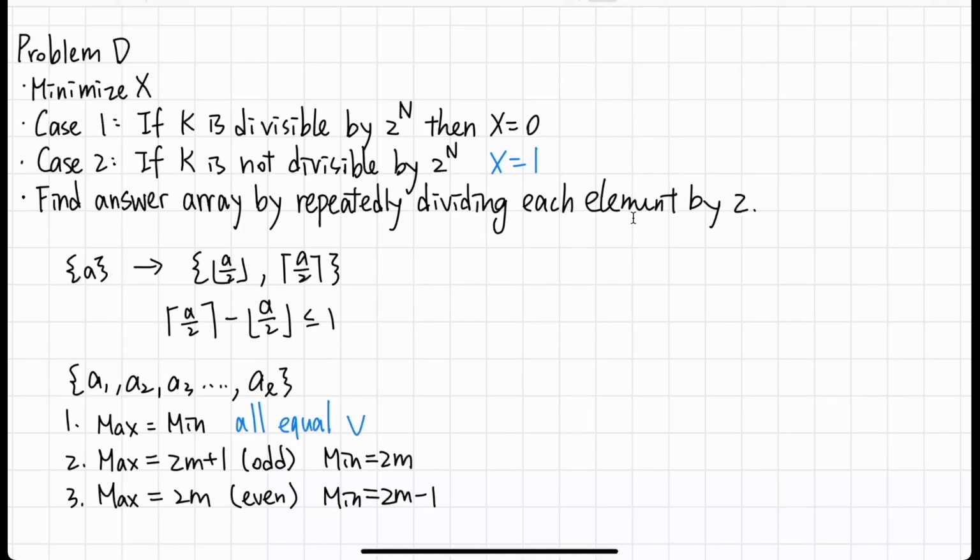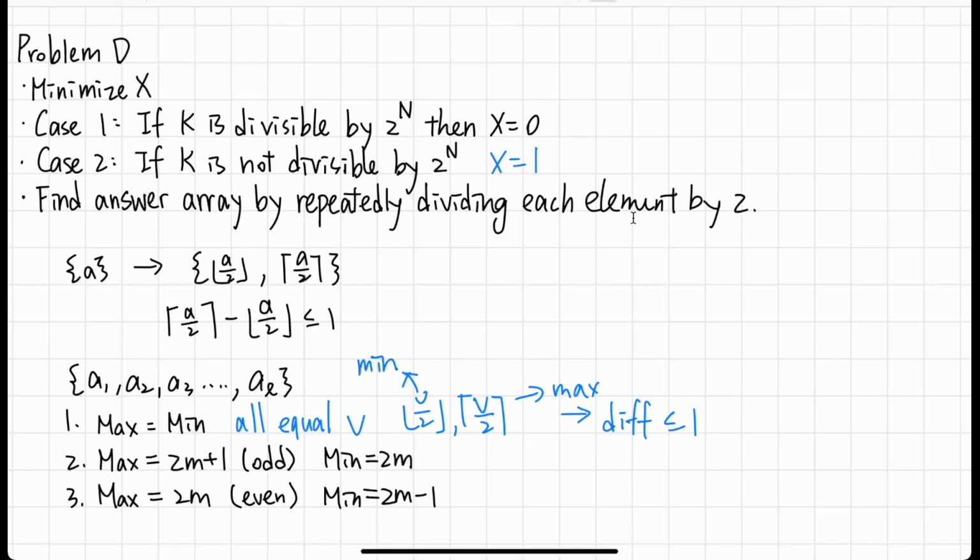Then if we split all of the numbers, we would get v divided by 2 floor and v divided by 2 ceiling. Then for this, this number is the maximum and this number becomes the minimum. And because of the properties of floor and ceiling that we mentioned, this still satisfies that the difference is less than or equal to 1.